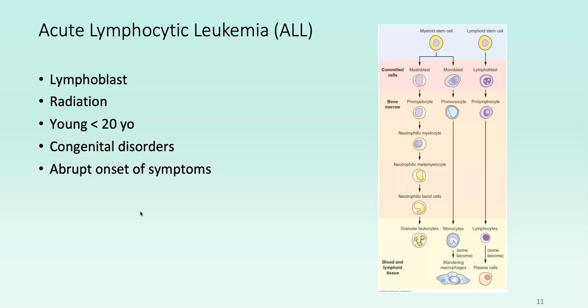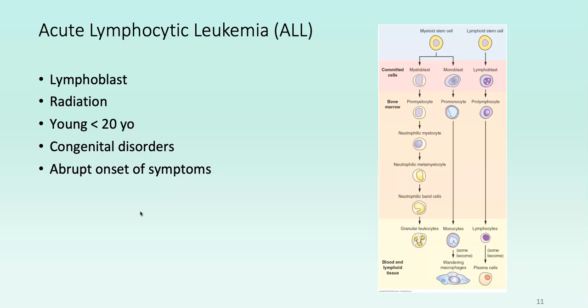Leukemias in general are seen amongst individuals who already have one genetic abnormality. An example would be the high incidence of leukemia in people with Down syndrome. The onset of symptoms can be very sudden and profound, hence acute.